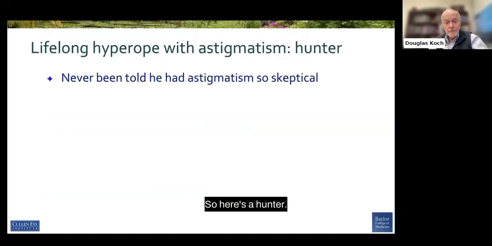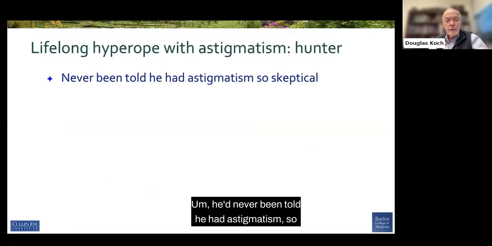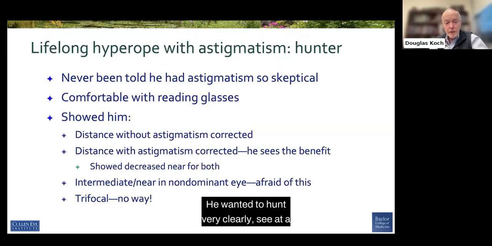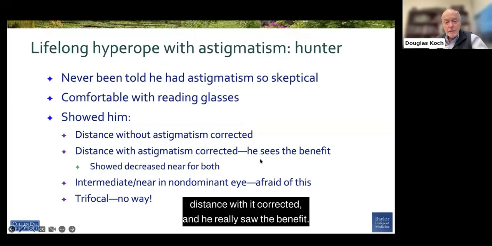So here's a hunter. You can tell I live in Texas. He'd never been told he had astigmatism, so he's very skeptical. He's very comfortable with reading glasses. He wanted to hunt very clearly, see at a distance, hunting birds. I showed him distance without astigmatism and distance with it corrected, and he really saw the benefit. He did see that there was decreased near in both eyes.